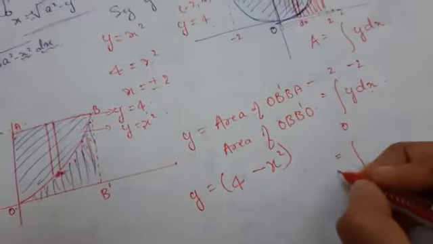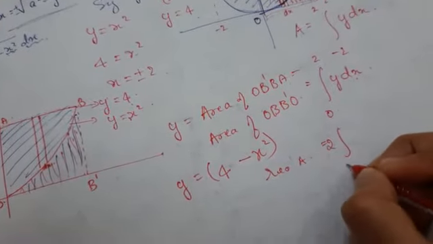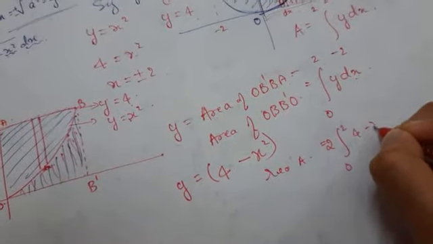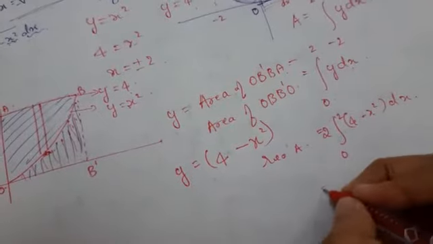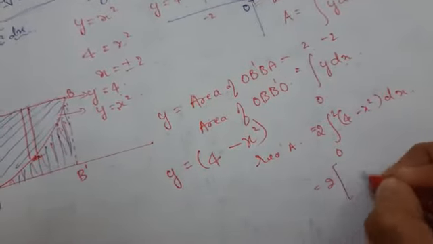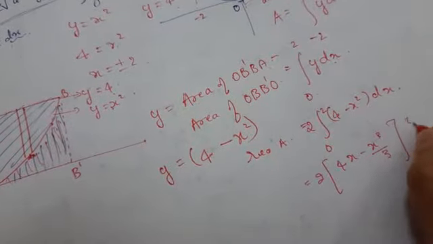So what happens here? The required area A is equal to 2 times integral 0 to 2 of 4 minus x square dx. So 4 minus x square, what is the integration? 4x minus x cube by 3, 0 to 2.